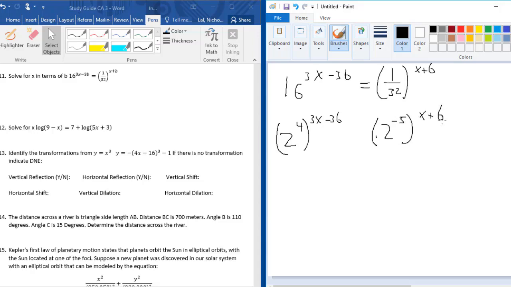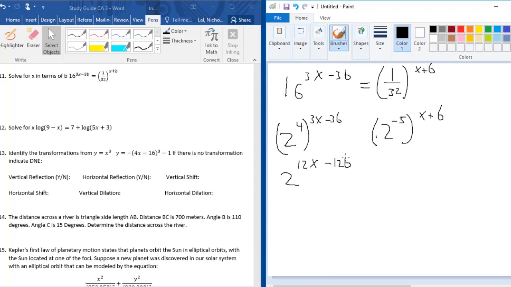So now that I have rewritten with a common base, I need to use my law of exponents: if one exponent is raised to another exponent, I multiply them. So this is equal to 2 to the 4 times 3x, which is 12x, and 4 times negative 3b, sorry, that's a b, not a 6, is going to be negative 12b.